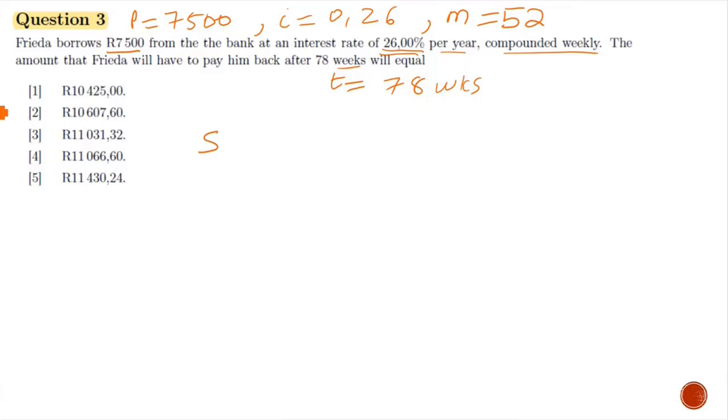I want to hear from you. Your S is equal to P into 1 plus I over M, to the power of M times T. I'm going to substitute, so then we can talk.